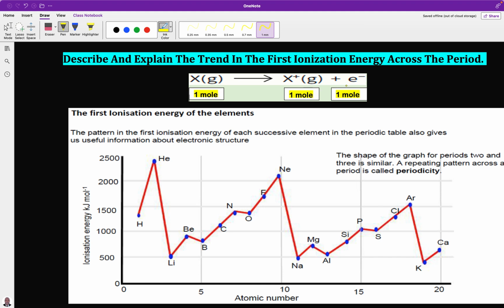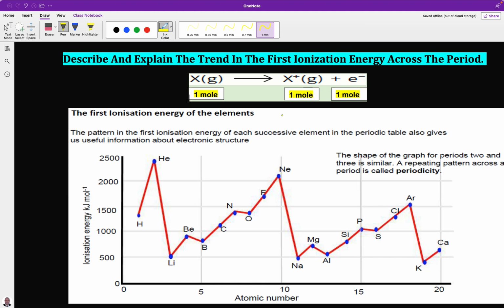It will be 2 electrons from 1 mole of gaseous atoms, forming 1 mole of gaseous ions with a 2 plus charge. And you must mention the gaseous state of the atom and the gaseous state of the ion, and you must show that they are all 1 mole.